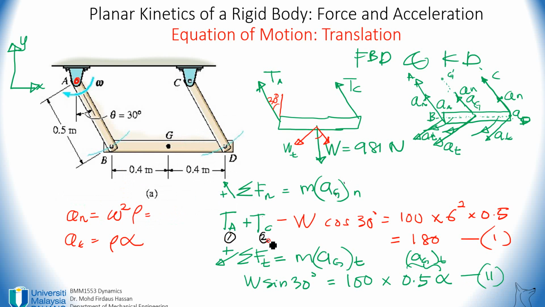W is known. So we have three unknowns, TA, TC, and alpha, and we only have two equations. So we still need one or more equations so that we can solve this problem.